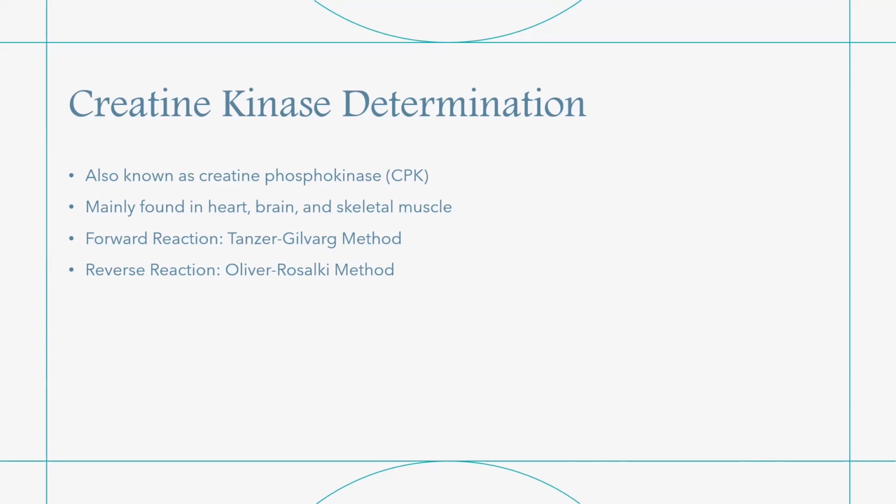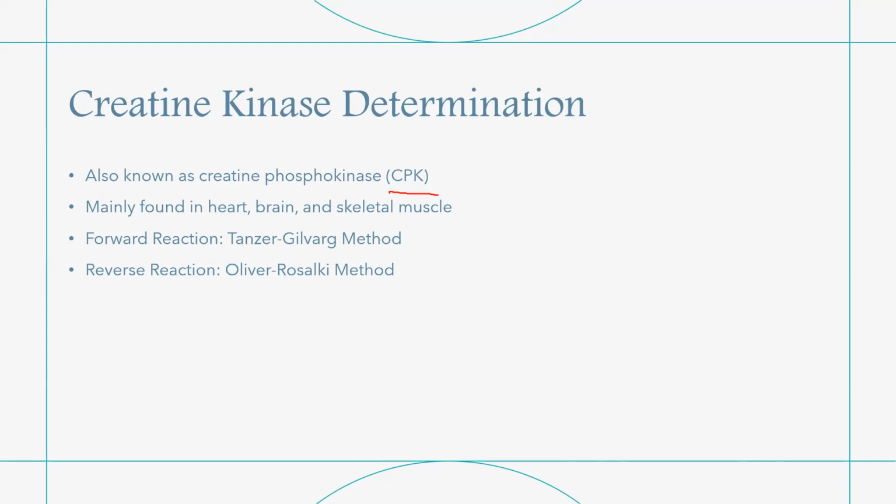It is also known as creatine phosphokinase, or in some references, CPK. Creatine kinase could be considered more specific compared to lactate dehydrogenase. Why?